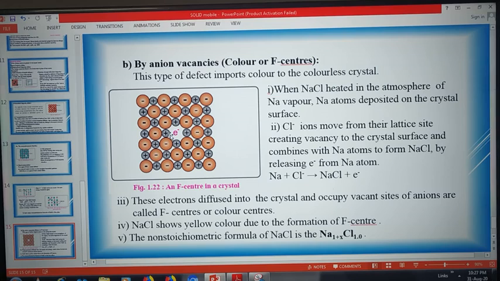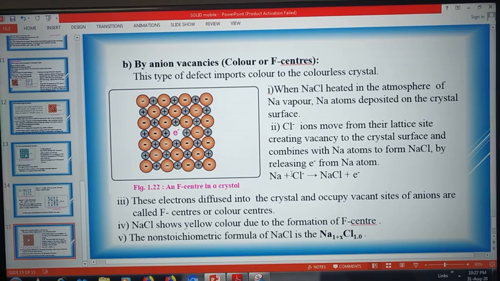And these Cl- ions then combine with the sodium atoms present on the surface, and they form sodium chloride by releasing the electron from the sodium atom. So this sodium atom on the surface always gets combined with the Cl- ions which move from the lattice site position in the crystal towards that sodium atom.